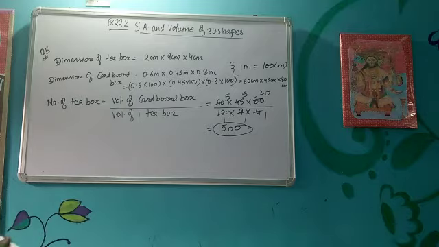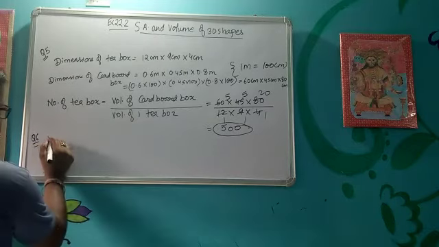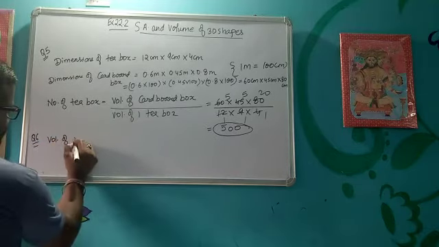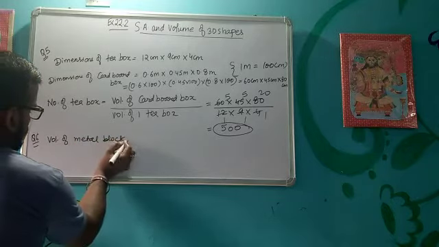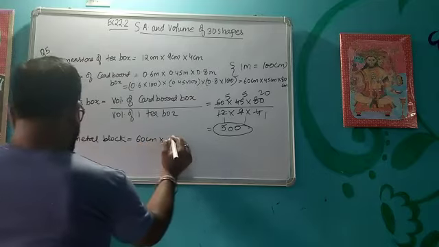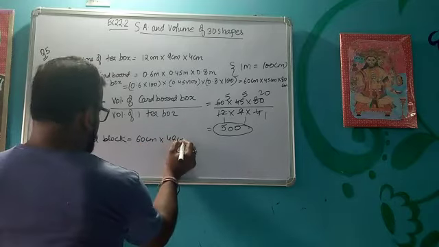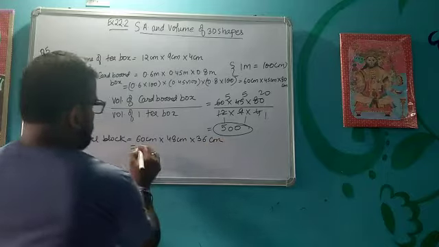Then in question number 6, a solid metal block. So we have to calculate the volume of the metal block first. That will be 60 centimeter into 48 centimeter into 36 centimeter.